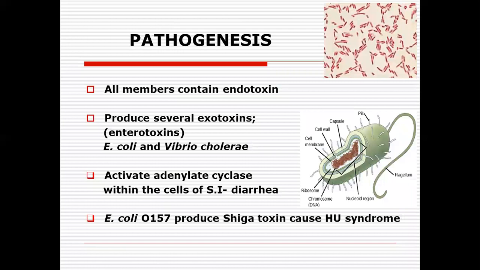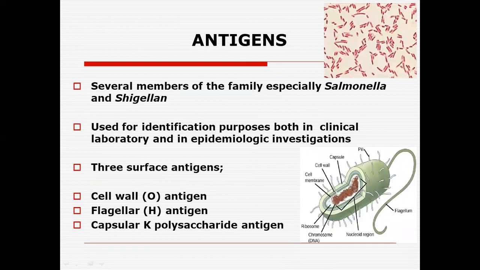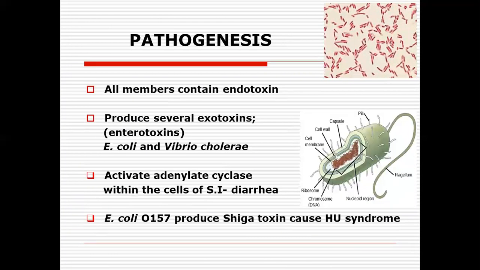Now, the pathogenesis of the members of this family Enterobacteriaceae. As we know, these are gram-negative rods, so if you recall the anatomical structure of gram-negative rod bacteria, they have flagella, they have pili, and some of them have capsules, the cell wall, and the cell membranes, and of course these are very standard.